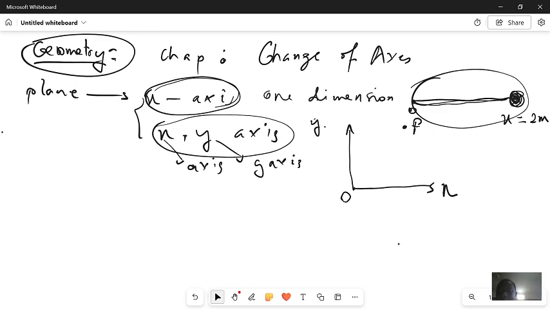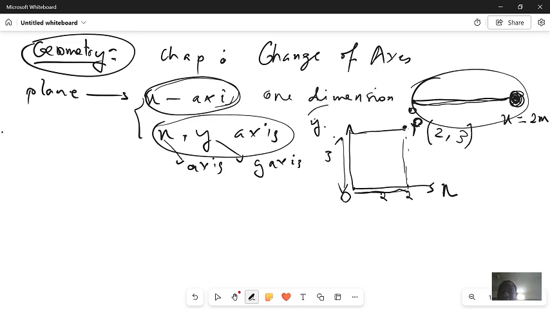This point P can be located with a value of x, let's say, for example, 2 here, meaning that from 0 to here is going to be 2, and a value of y here, let's say, for example, 3, meaning that the coordinate of the point P is going to be 2 and 3.